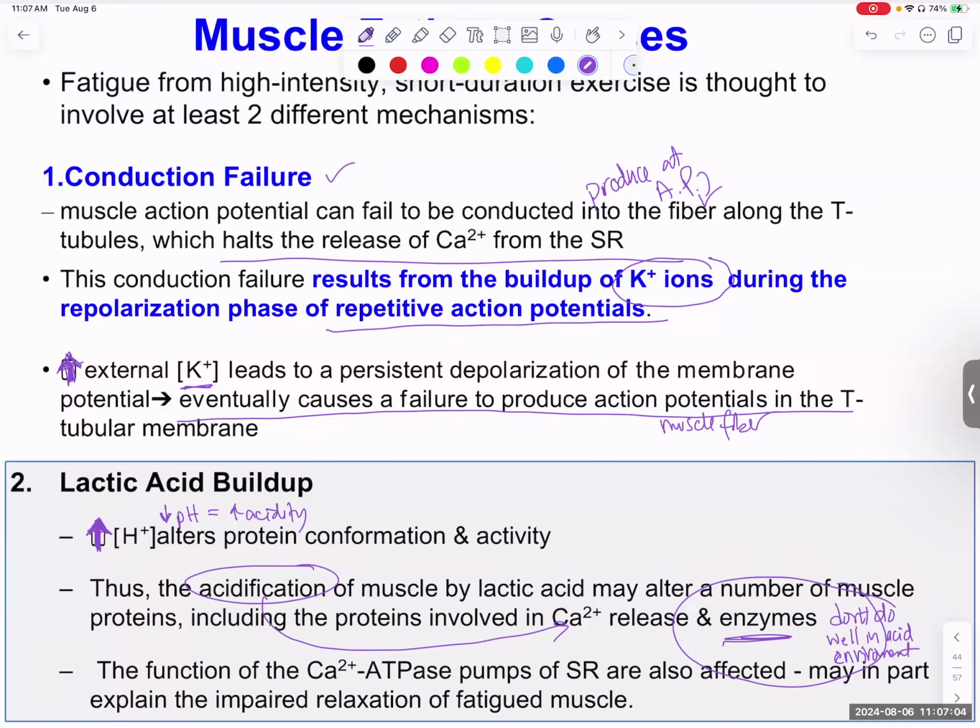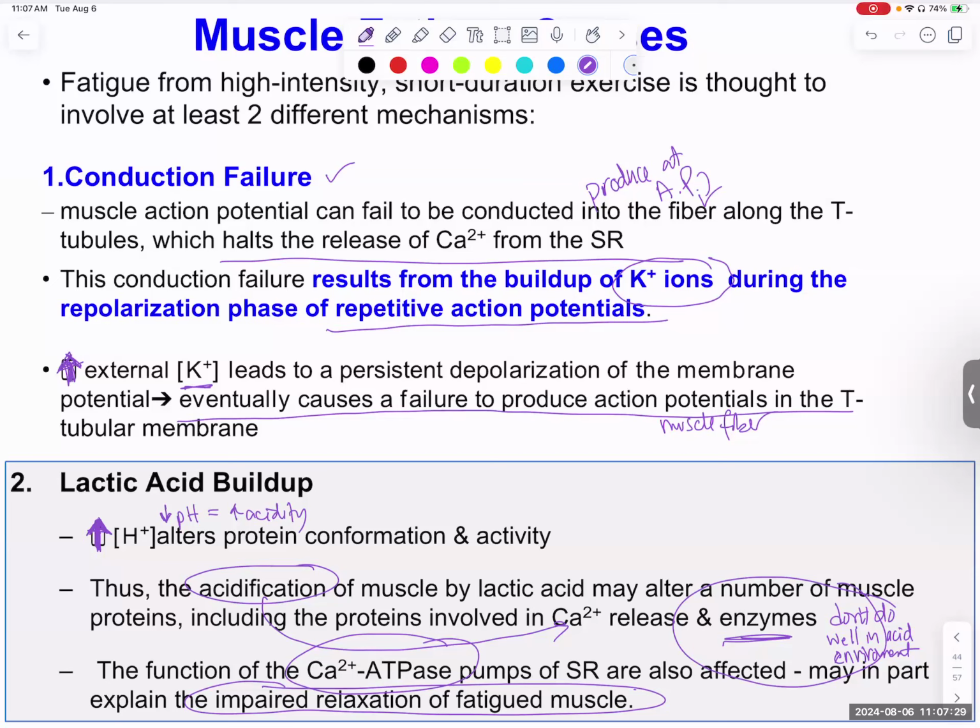And so anything that's powered by ATP is going to have a harder time functioning, like the calcium ATPase pump. And so it's going to impair not only the ability to contract, but also the ability to relax. So it's basically muscle spasm or cramp.